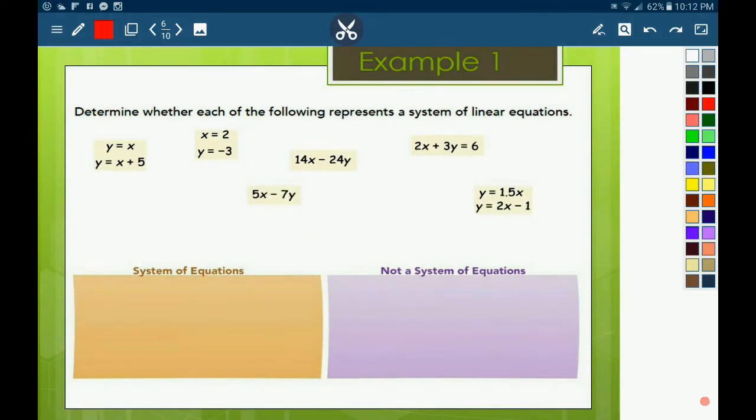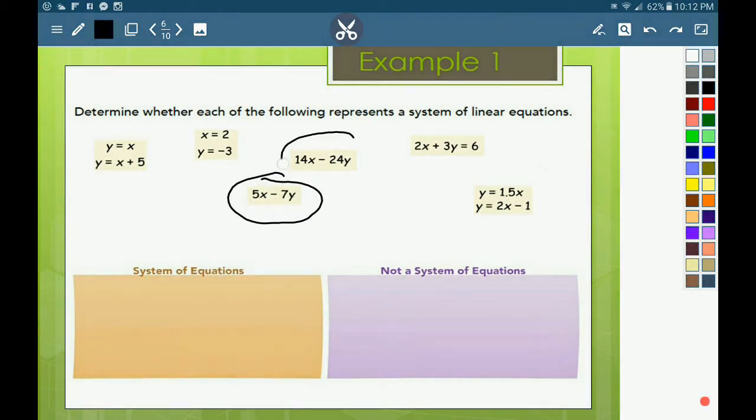It says, determine whether each of the following represents a system of linear equations. So right now, we're just going to identify which ones are actually systems. Remember, it has to have two or more equations with the same variables. So I can already tell that this and this one, since there's only one line of math written, could not possibly be a system.